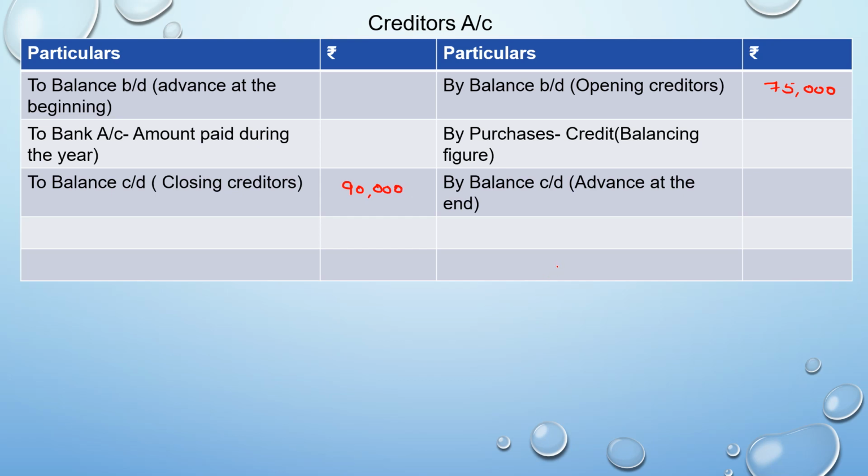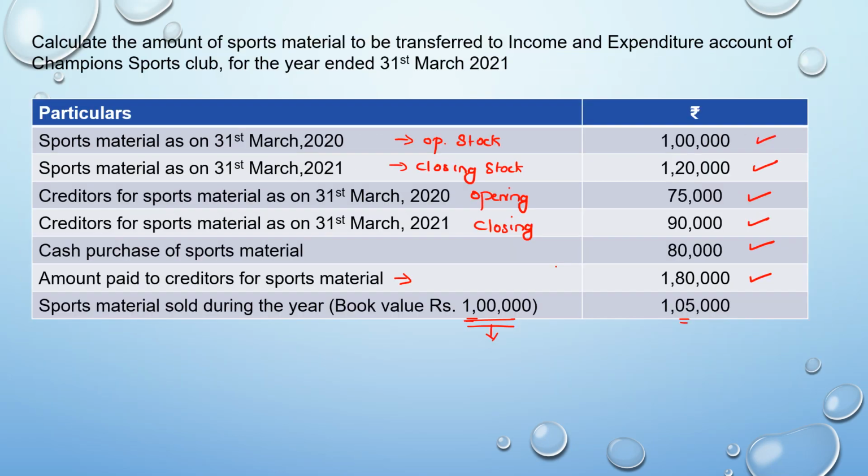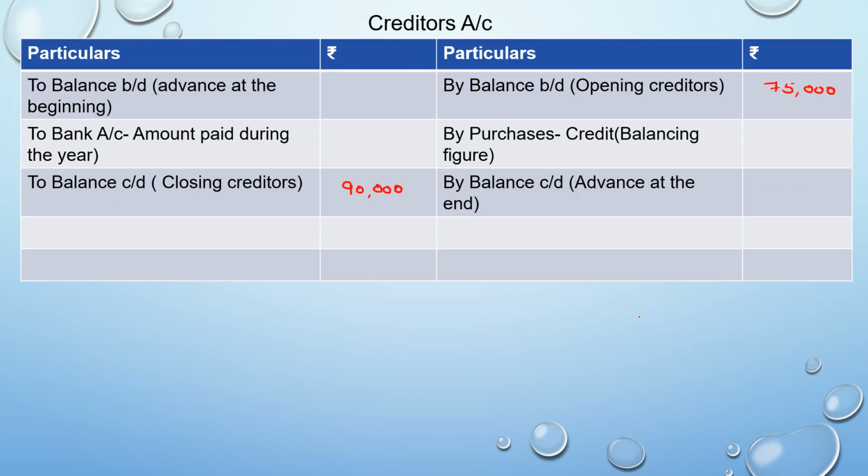Then we have the values of the creditors that has been taken. Now we have the amount which was paid to the creditors that we would take. So here the amount paid was 1,80,000. And as you see, we don't have any advances in this question.